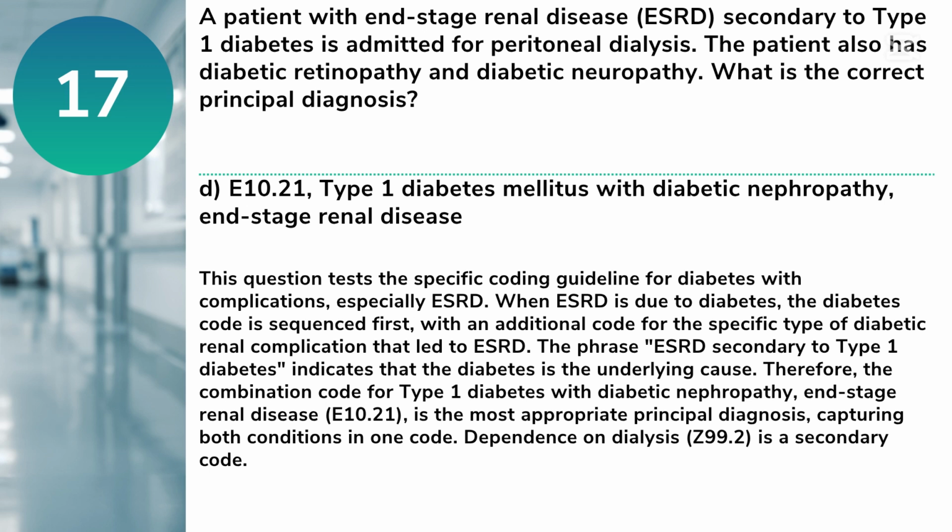The phrase ESRD secondary to type 1 diabetes indicates that the diabetes is the underlying cause. Therefore, the combination code E10.21 is the most appropriate principal diagnosis, capturing both conditions in one code. Dependence on dialysis, Z99.2, is a secondary code.